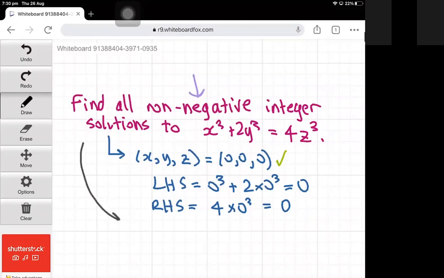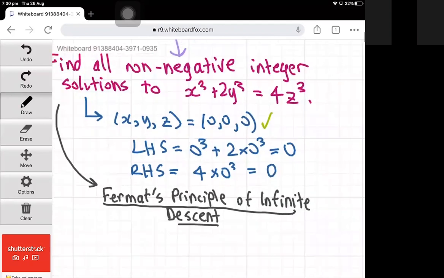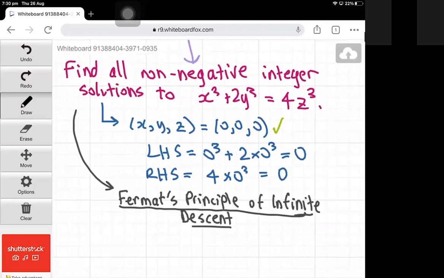To prove there are no other solutions, we'll use a technique called Fermat's principle of infinite descent. When we're doing Fermat's principle of infinite descent, we assume a non-zero solution exists, and then we try to construct an even smaller non-zero solution using that.